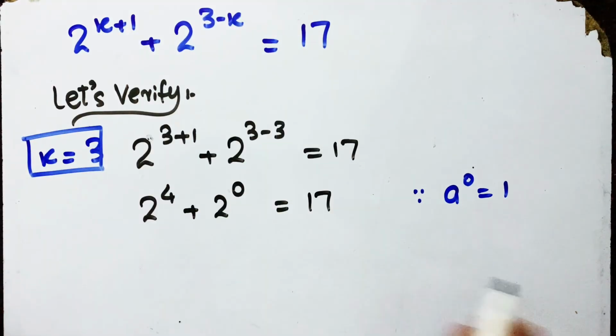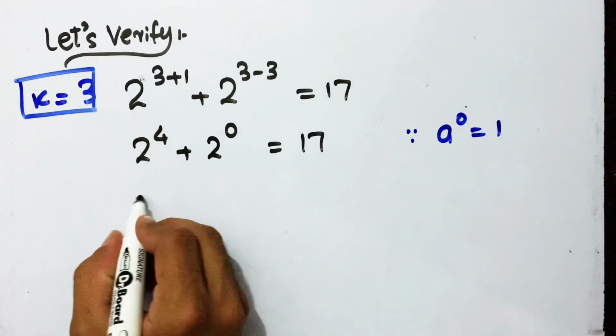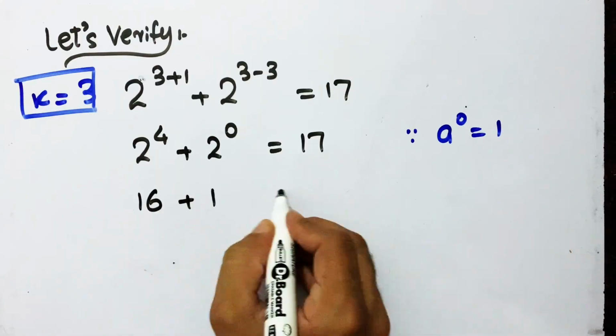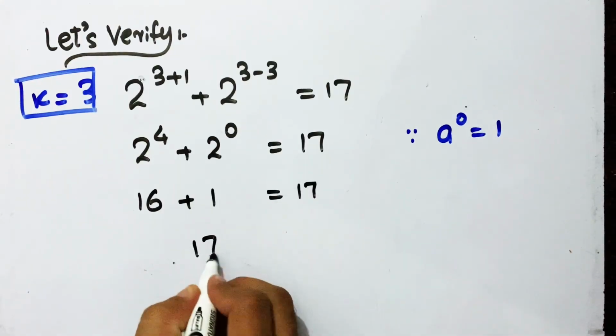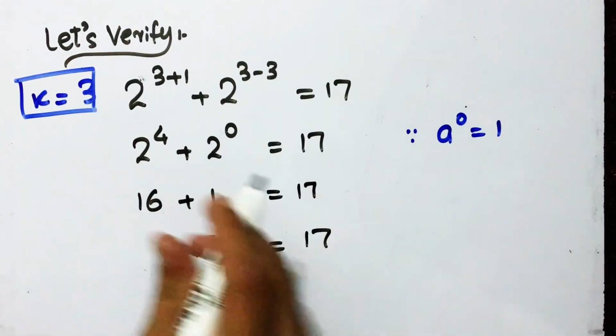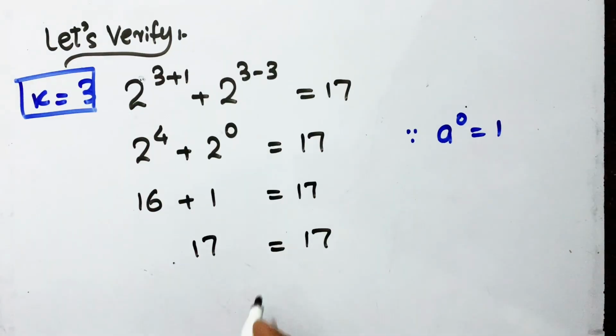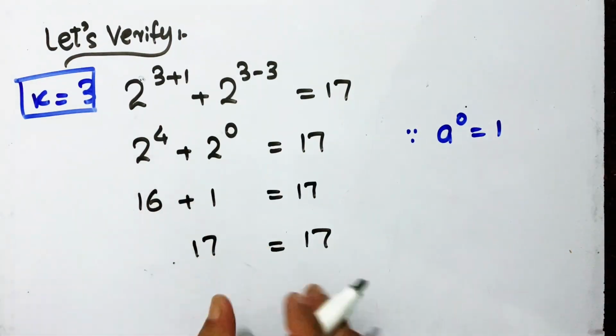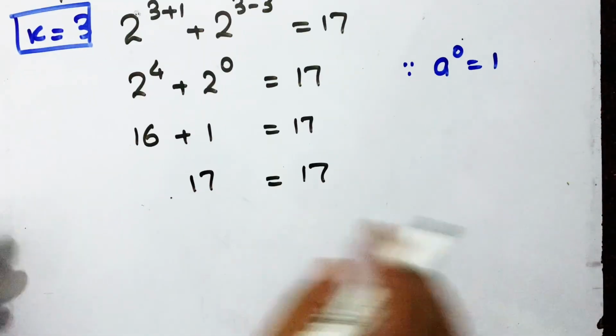And 2 to the power of 4 is 16, plus 1 is 17. So 17 equals 17. So x equals 3 satisfies the main equation.